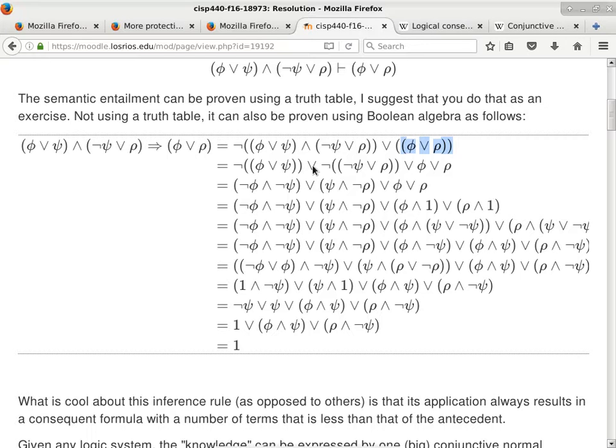And then I apply De Morgan's law again to the inside of this thing. And then the other side, because a disjunction of a disjunction is associative, I can dissolve the parentheses on the right-hand side. And then from here to here, I use this kind of tricky rule.